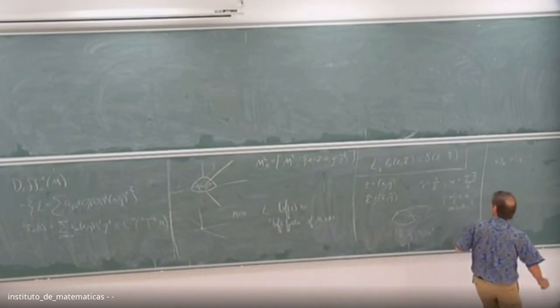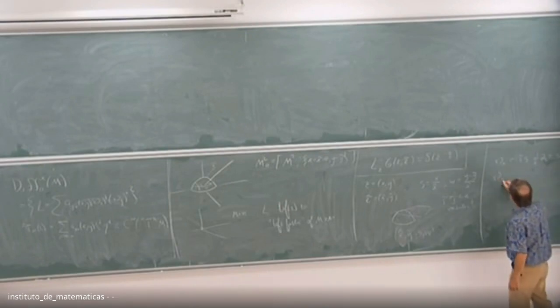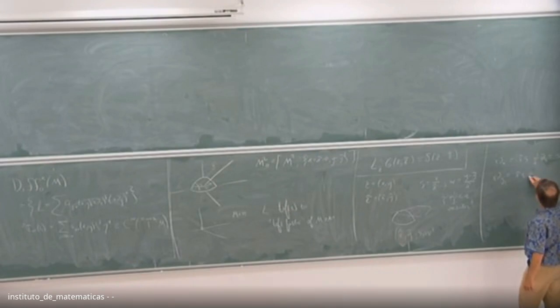Okay, so if I lift x d by dx, so x is equal to s x tilde, then d by dx is d by ds, ds by dx is 1 over x tilde d by ds. And so here you see something that looks like s d by ds. x d by dy_j is exactly the same computation: x tilde s times 1 over x tilde d by dw_j, which looks like s d by dw_j.